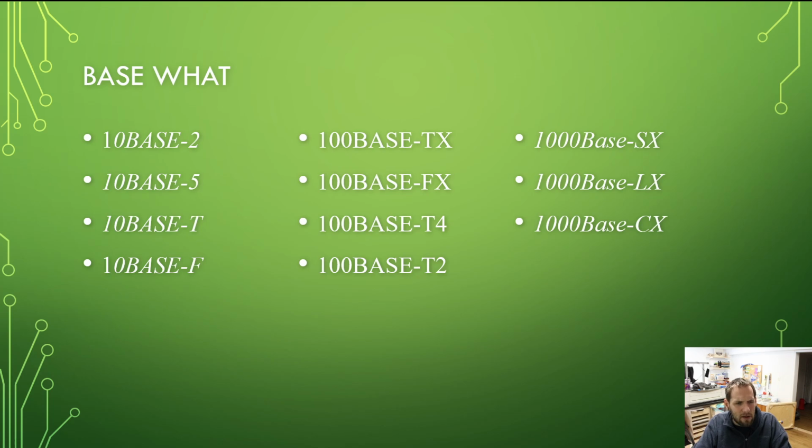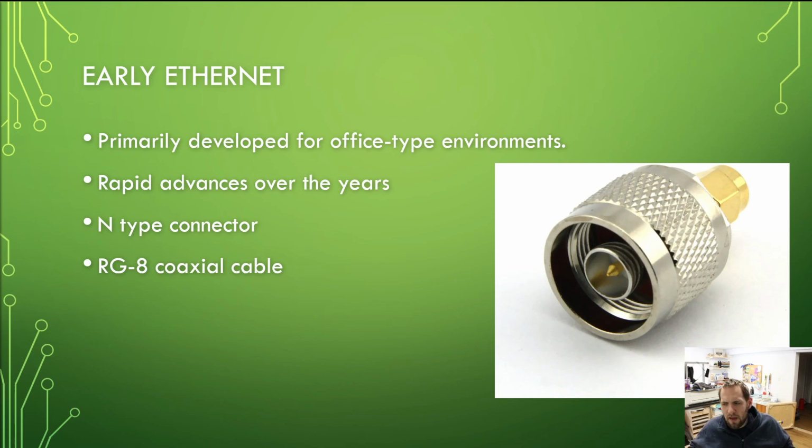Now we're going to go back a little bit of history here. We're going to dive into the world of early Ethernet. This was primarily developed for office type environments, even before houses had Ethernet in them. It was designed for office environments and servers where communication was absolutely necessary. And if you think about it, we're running cables and things like that.